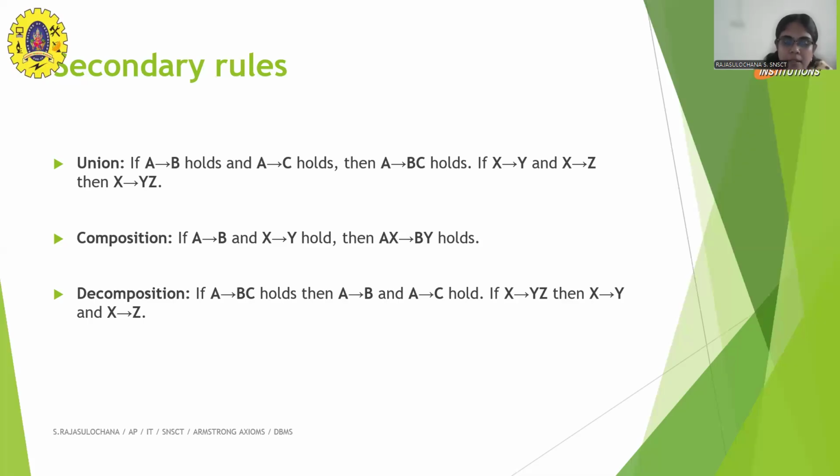So if there is a functional dependency like A determines BC, it can be split into two different functional dependencies like A determines B and A determines C. So this is the property of decomposition. But if there is a functional dependency like A, B determines C, we cannot split that. So determinants cannot be split and only the dependent attributes can be split.